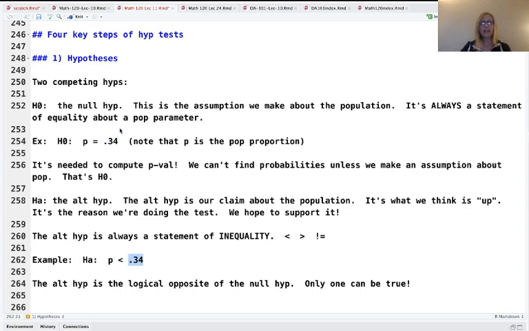In the null hypothesis, we're clarifying our baseline assumption. In the alternate hypothesis, we're telling what we hope to prove. Since only one of these things can be true, we're hoping to find evidence to support this one.